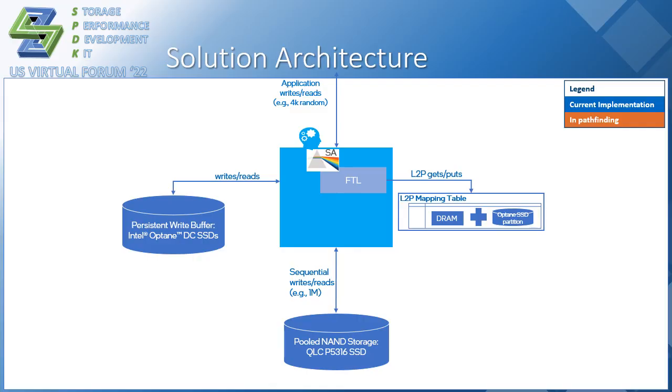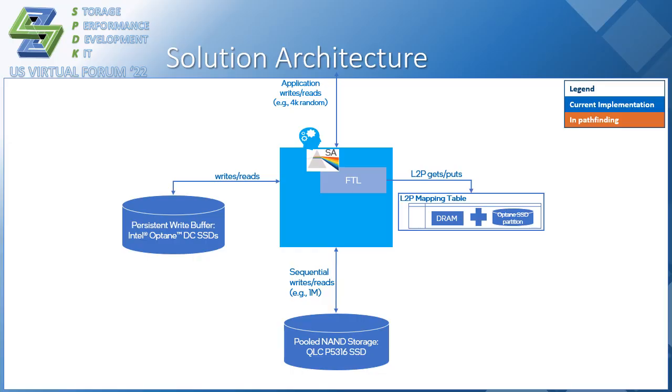Finally, we have the L2P, or logical to physical table. Similarly to what's happening in NAND SSDs, we need to map the LBA from the user point of view to the physical location on the drive, and in CSAL's case, also needing to address which drive to point read requests to, cache or the NAND pool.